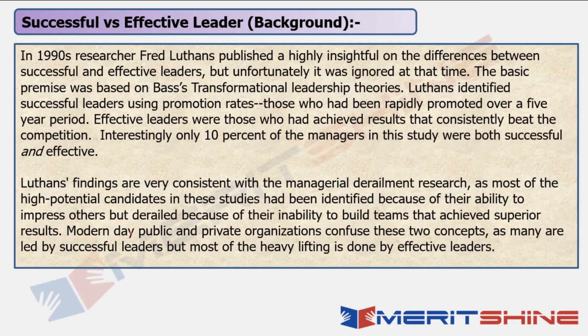And management derailment research has also proven why high flying CEOs come into an organization and end up bankrupting it. Right, and it was so related to the 2007-8 financial crisis in the United States and Europe, because most of the financial institutions were headed by high flying CEOs and CFOs, but still they failed. Why did they fail? Because they were focusing on successful leadership candidates, not effective leadership candidates.